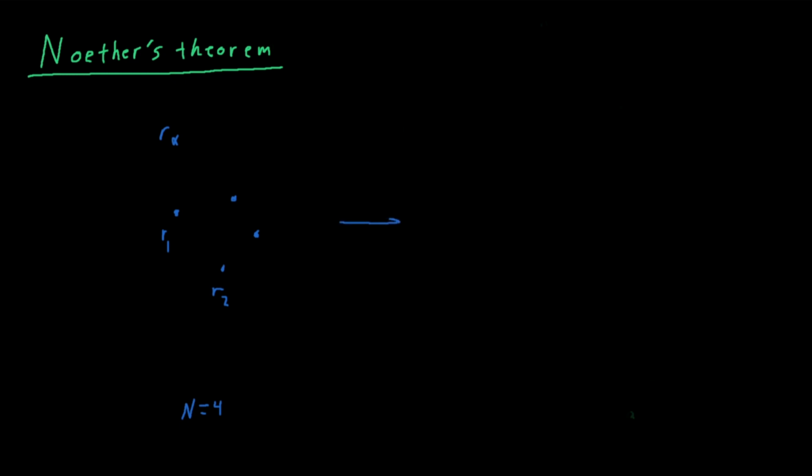And then we were to move it over here by some displacement epsilon, then we move everything the same way. R1 plus epsilon, and then R2 plus epsilon. Basically, one of the prominent features of an isolated system is that nothing physically significant about the system should change.